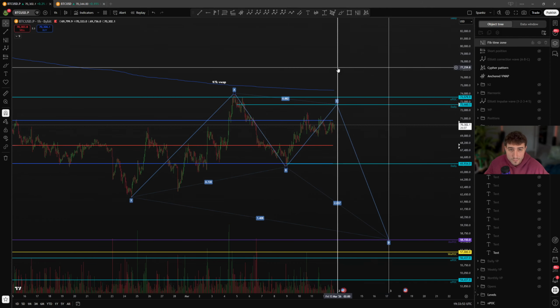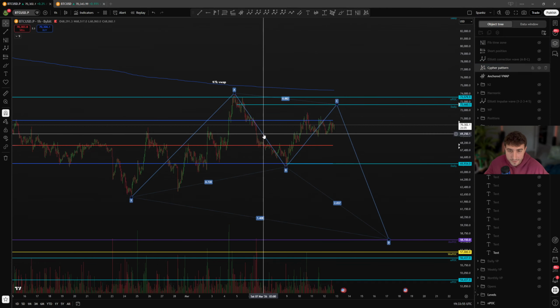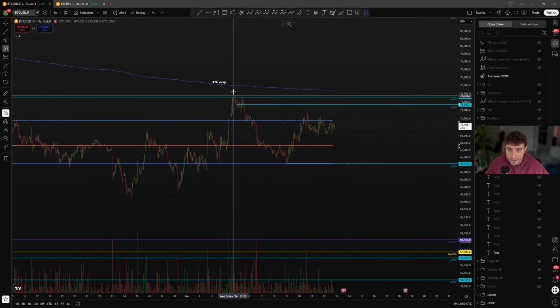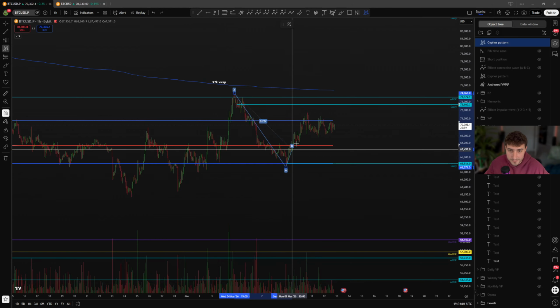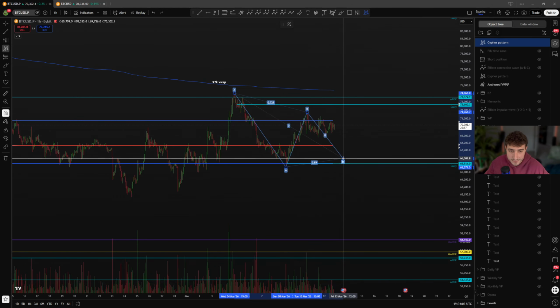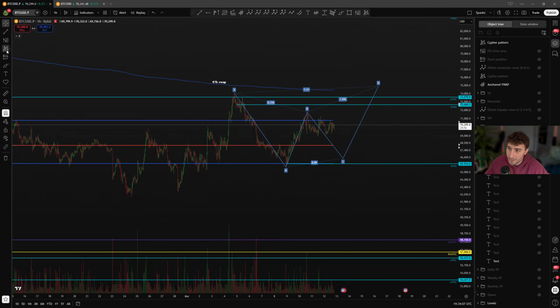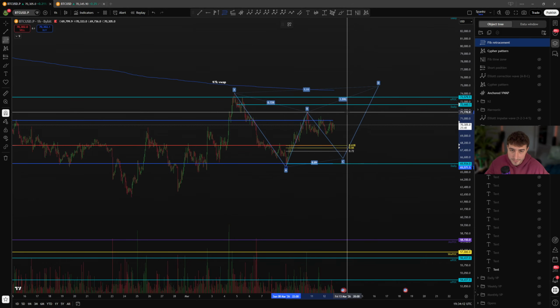Now, this is one harmonic that we're looking at. The other harmonic is similar, and it's still a bearish harmonic, but it plays into this as a shorter harmonic that sweeps the highs here, right? So you have confluence within the levels here.